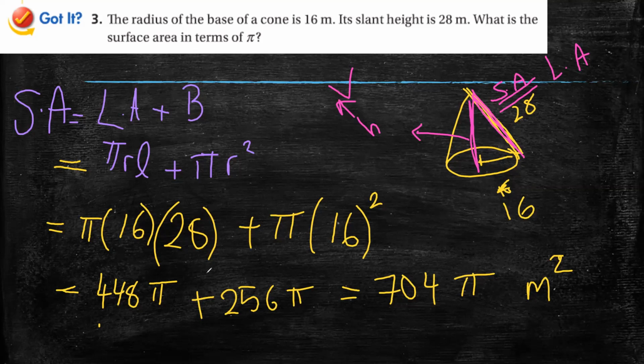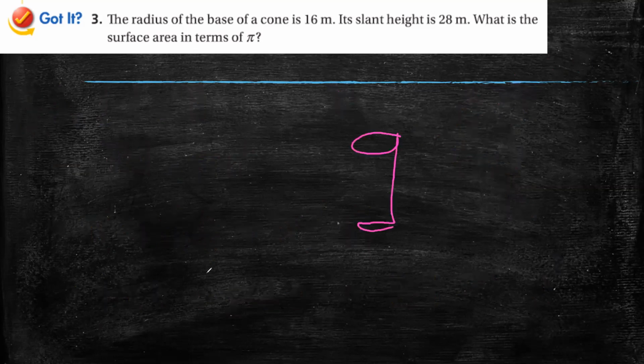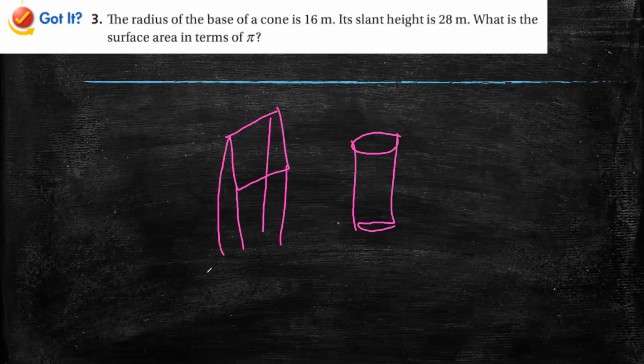That's why I told you that we must differentiate between them. But for the cylinder, as we said yesterday, or for the prism as an example, the slant height, or the altitude of the lateral faces, is the same as the height that is perpendicular to the plane of the base.